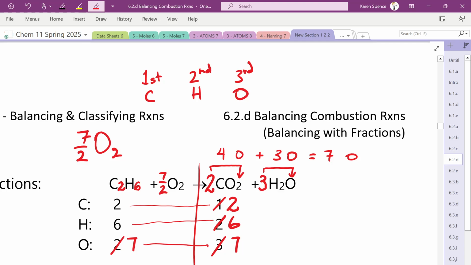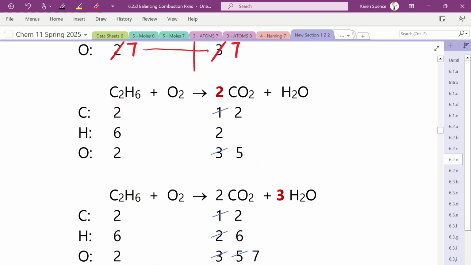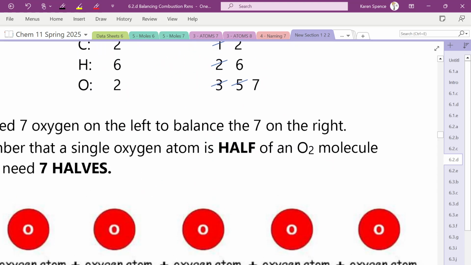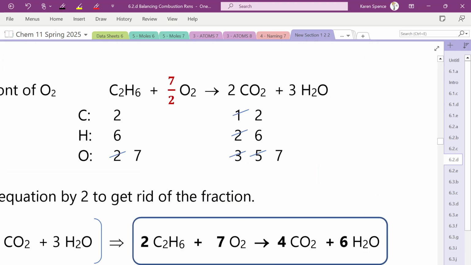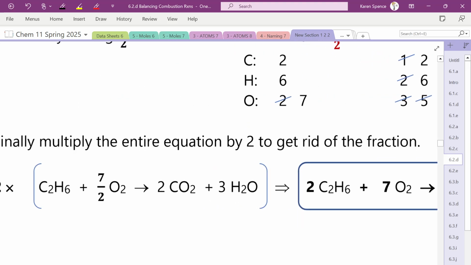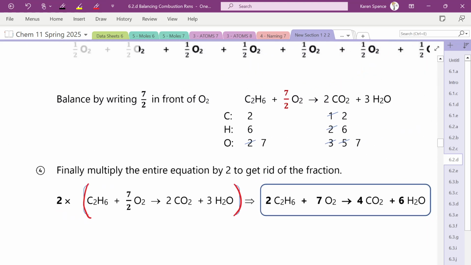We would then take everything and multiply by 2. Down here I showed you the whole picture with the 7 halves. So we would take this whole thing and multiply by 2. We have 2 times 1 is 2.